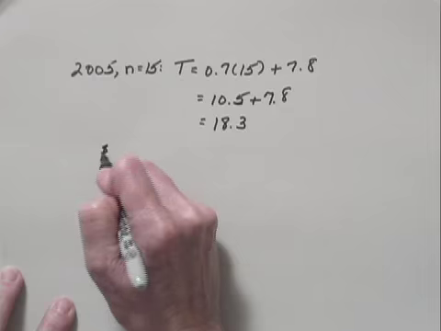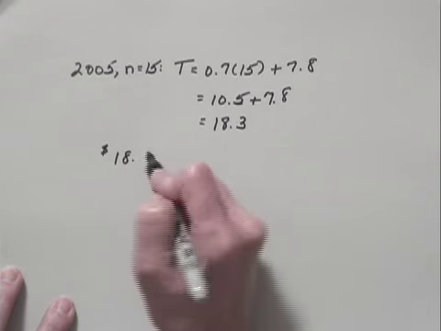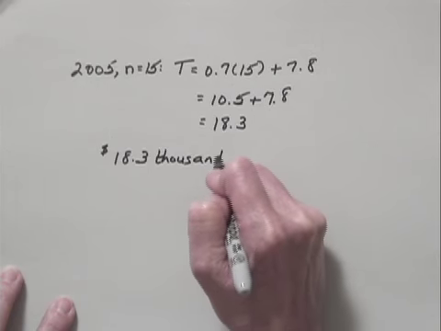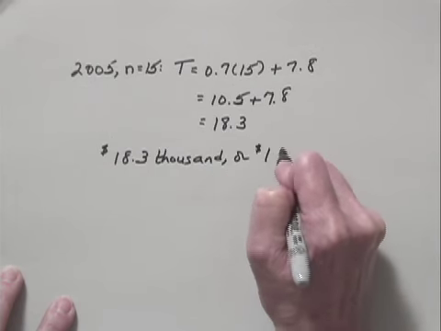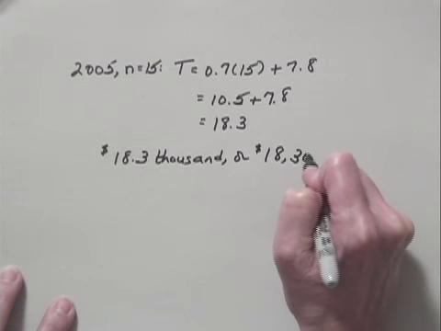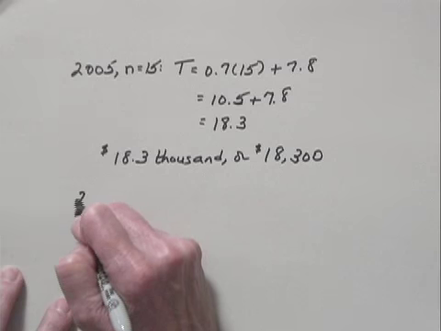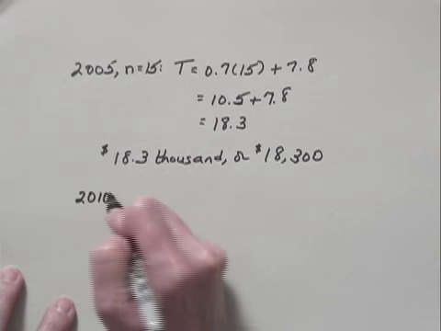And that tells us that the tuition in 2005 was $18.3 thousand, or we can write it this way, 18,300.